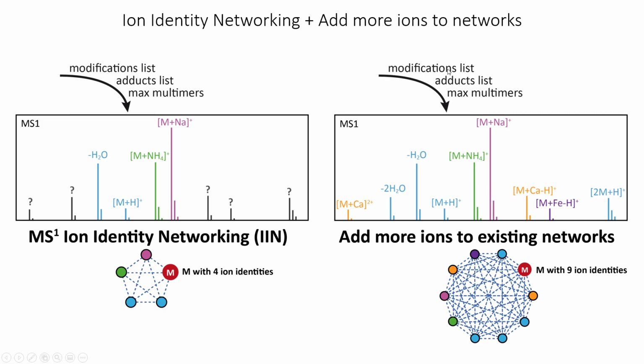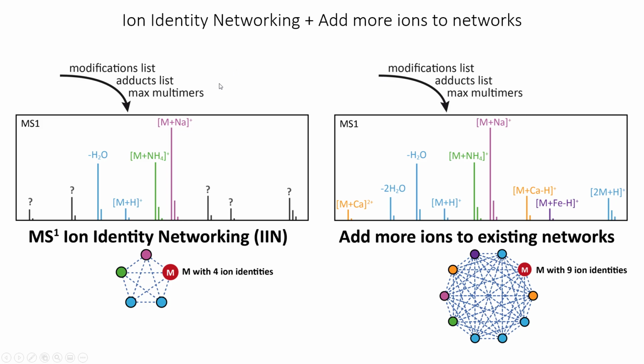And so we supply a different modifications list and a different adducts list, and we can also look for a higher number of multimers here. And then we can see that the whole network also consists of a calcium adduct and iron adduct, maybe some multimers, more in-source fragmentation, and then we can be sure that this network was created based on very nice adducts that we commonly see, but we can also cover all the different adducts.